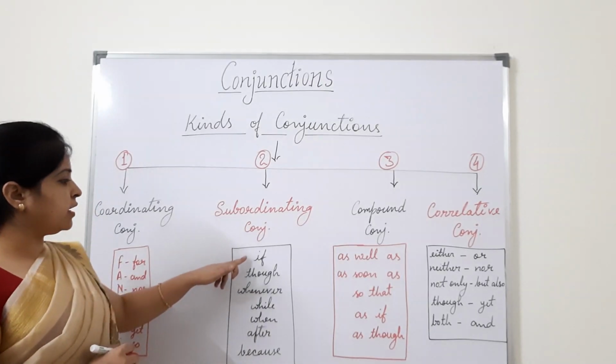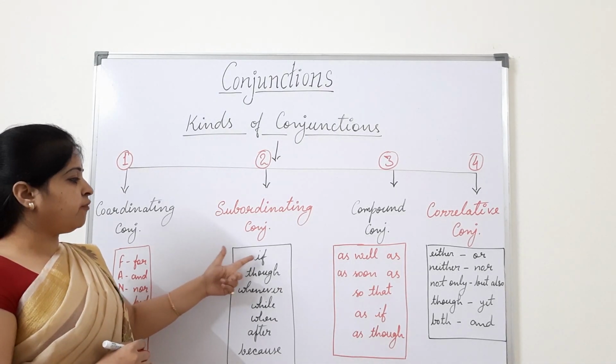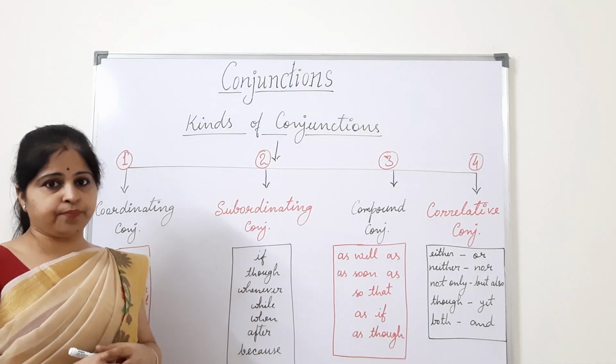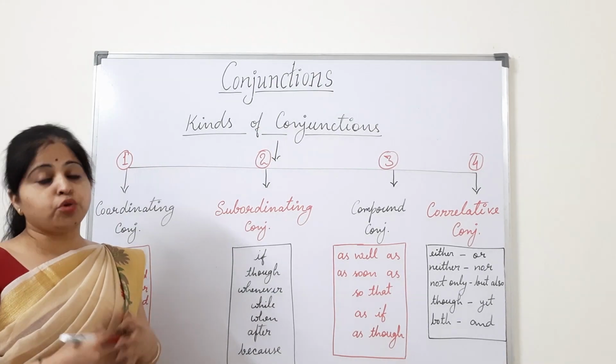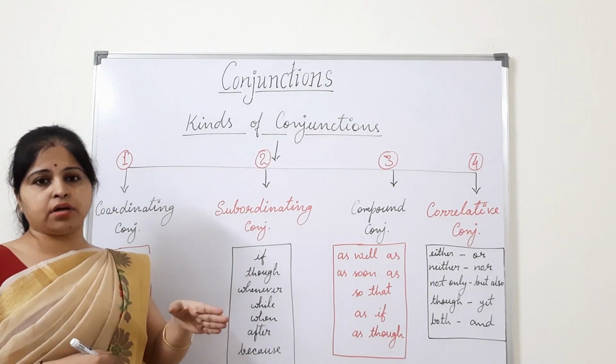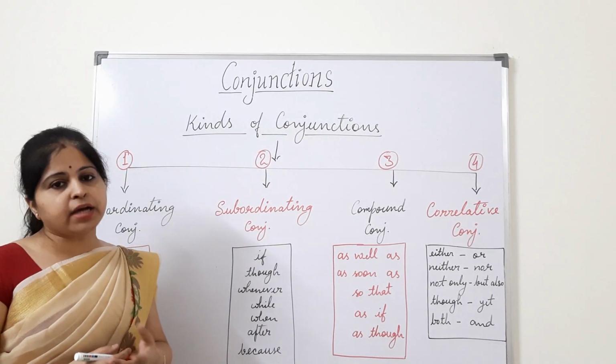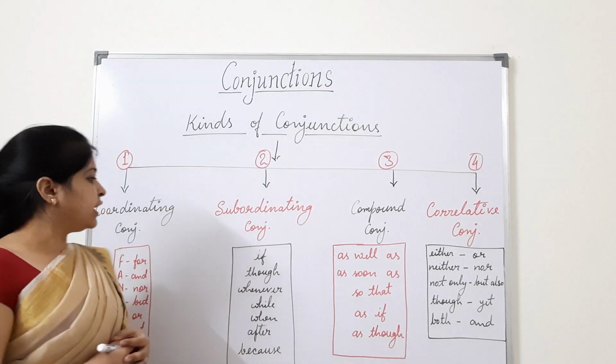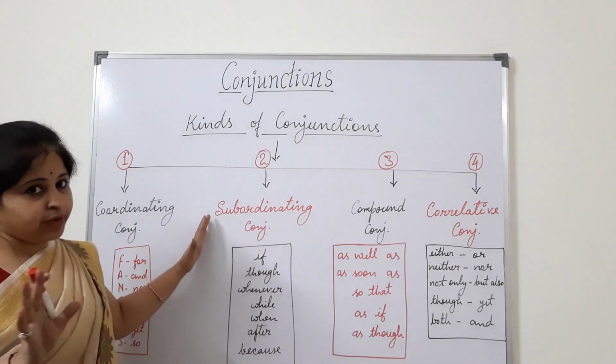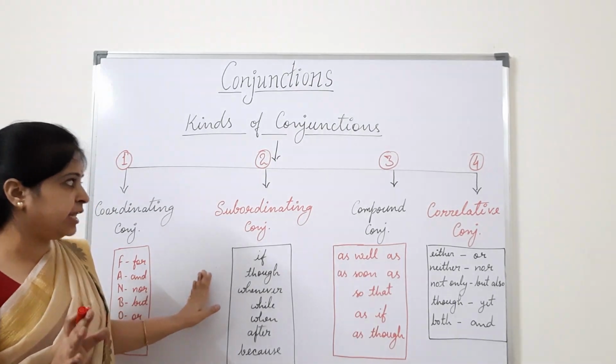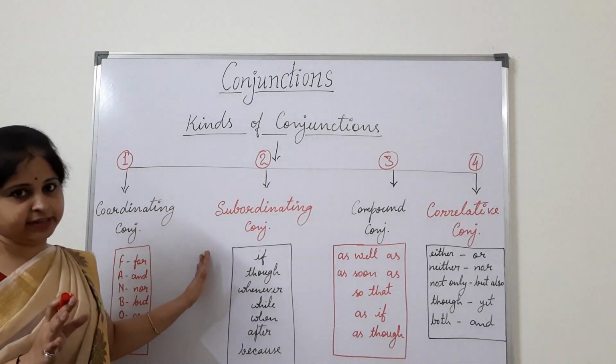If I say, if you want to go to the party, complete your work. You can also say, complete your work if you want to go to the party. Okay? That way you can find out whether it is a subordinating conjunction or a coordinating conjunction.